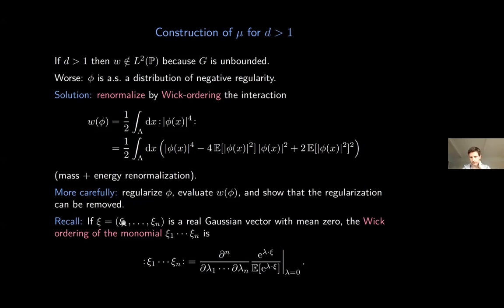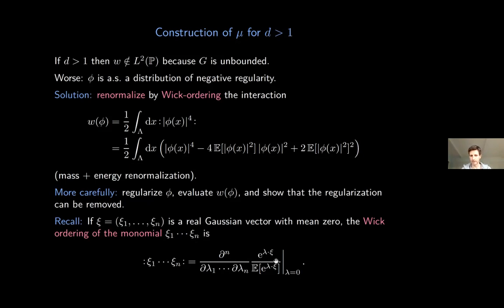You take a general Gaussian vector with mean 0. So this is just a Gaussian vector, it can have an arbitrary covariance. Then the Wick ordering of this product of these n terms, some of them could be the same, I mean, you could take the nth power of a variable, is given by this generating function. If you didn't have the denominator here, you would just get the normal product psi 1 up to psi n.